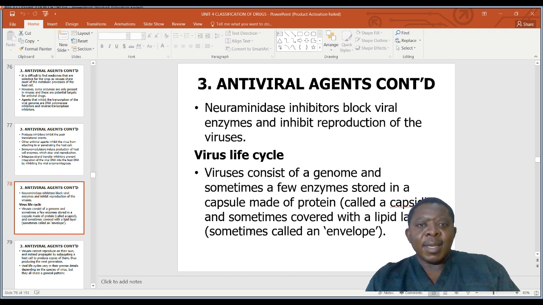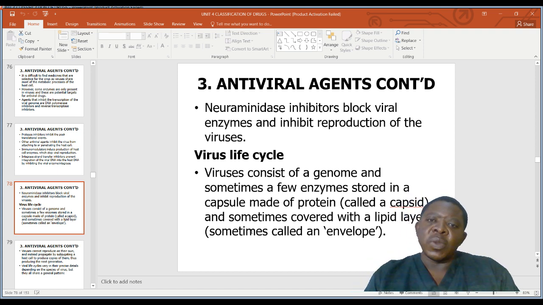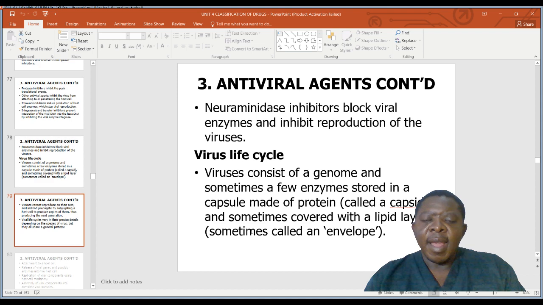So now let's talk about the virus cycle. The virus consists of a genome and sometimes a few enzymes stored in a capsule made of protein, known as a capsid, and sometimes covered with a lipid layer, sometimes called an envelope.